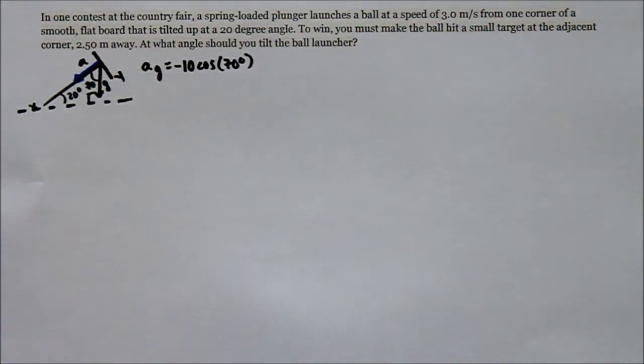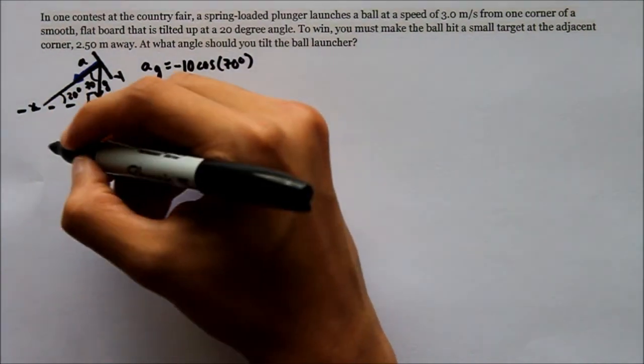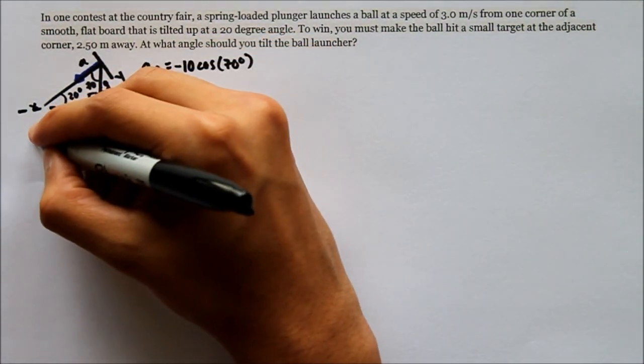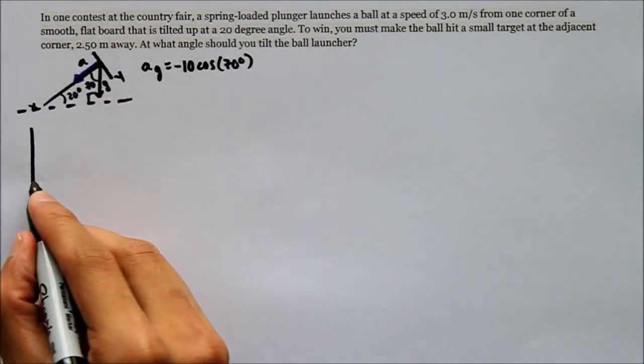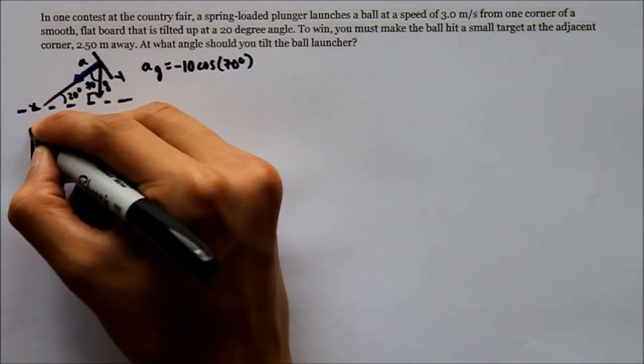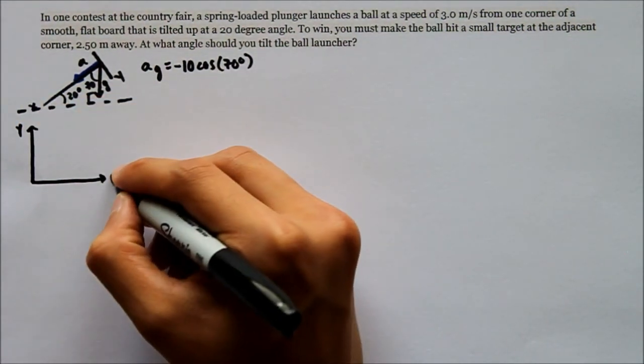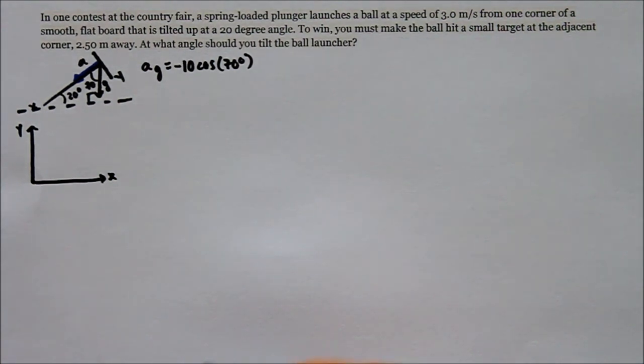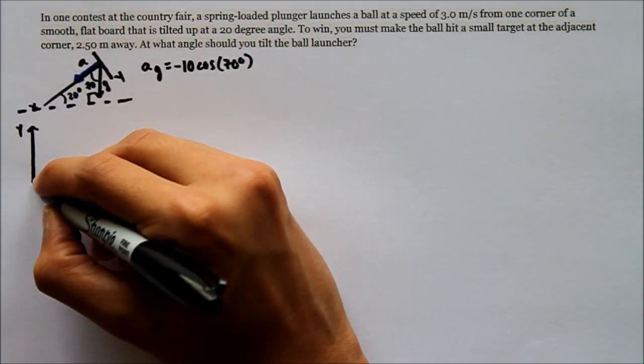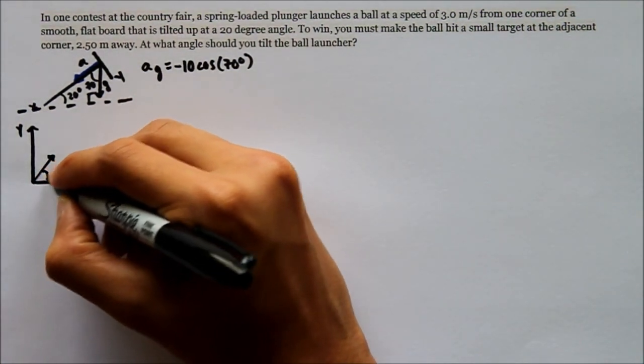We have that. Now for this particular problem, we need 2 coordinate systems just in order to make it easier. So I'm going to have another one sketched out like so. And for this one, this is going to be our y, and this is going to be our x. Now, we know we're going to have this initial velocity at angle theta.